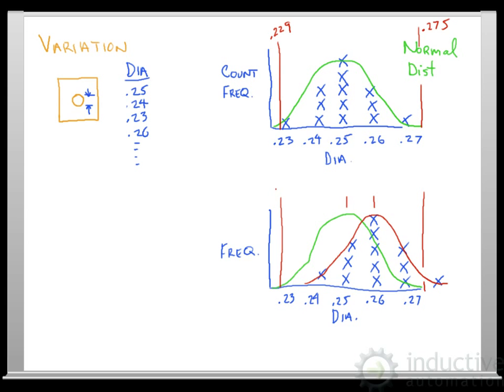We start tracking it and we see a pattern form. And in a healthy pattern, we see our normal distribution. And in something that is not good quality, something going wrong, we start seeing a change in it. And we want to detect that change and fix that as soon as possible. So that's the first item of SPC, is the variation.